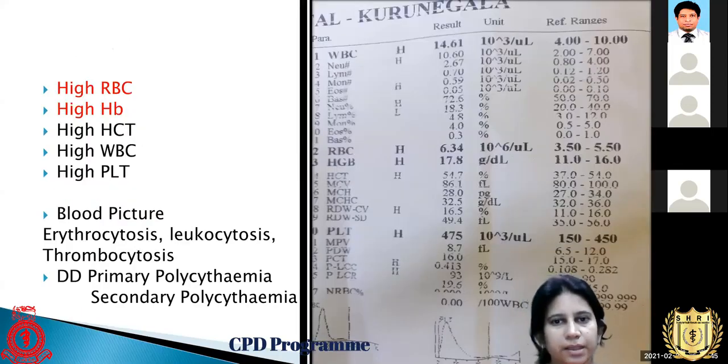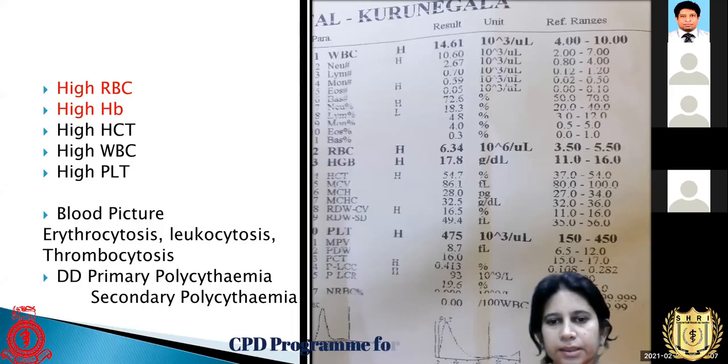So this is the full blood count. WBC high, 14,610. Neutrophil high, that's neutrophil leukocytosis. The rest of the differential normal. RBC high, 6.34. Hemoglobin 17.8, which is very high.